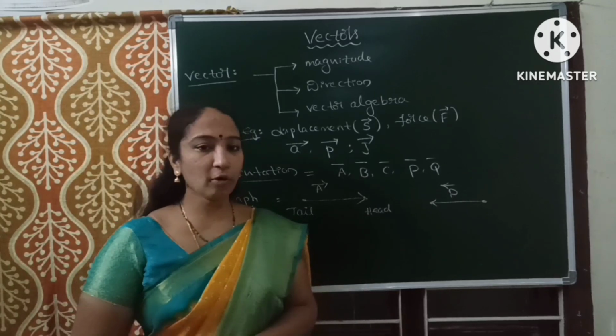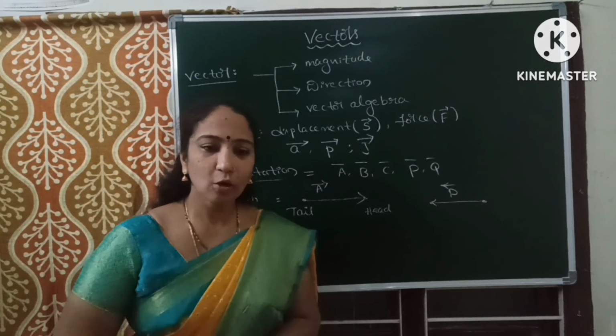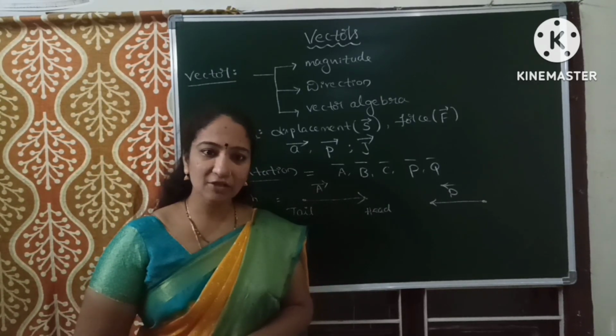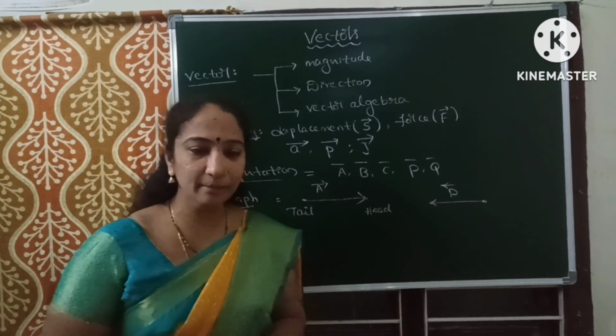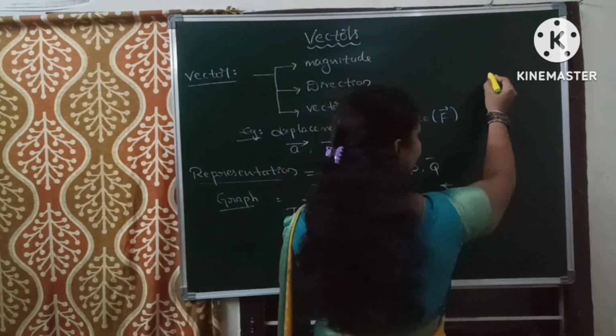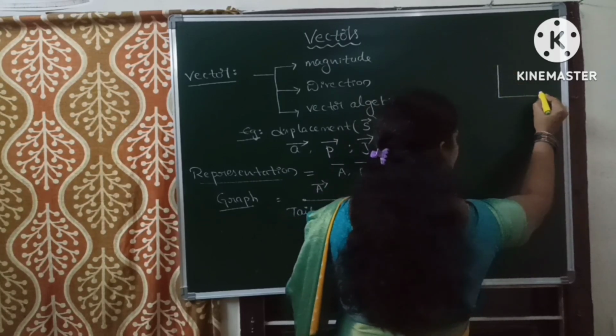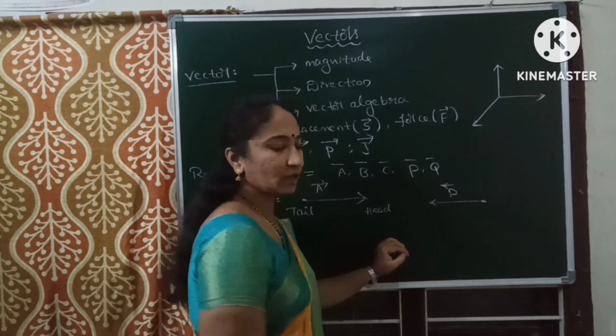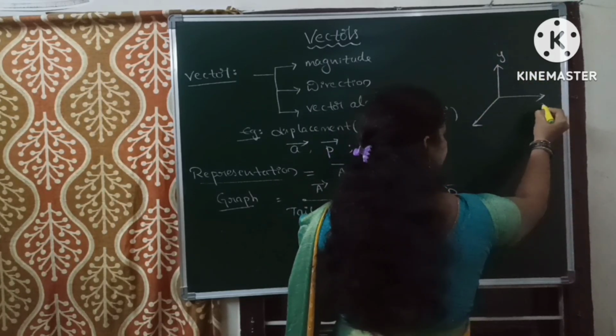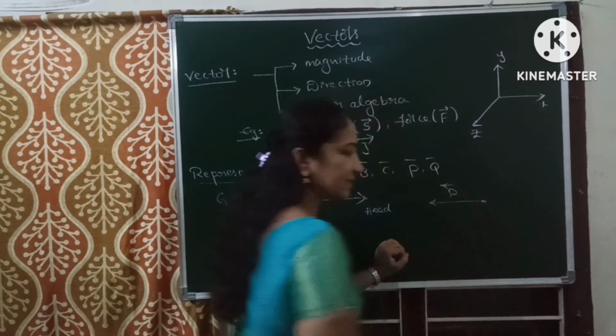Coplanar vectors. Coplanar, very very important type. Coplanar means 2 or 3 vectors lie in the same plane. Let us consider here axes as x, y, z axis. Right, it is y axis and it is x axis and it is z axis, for example.